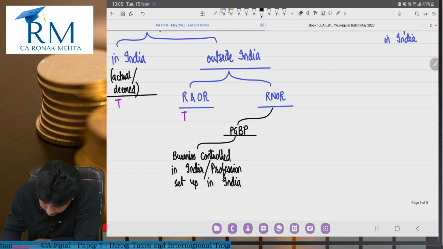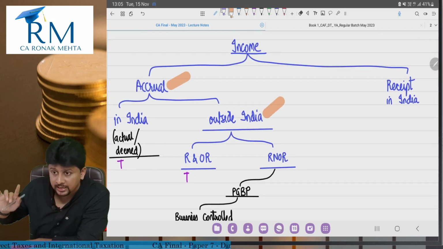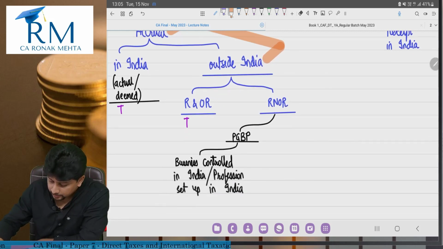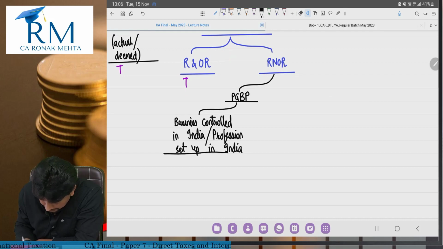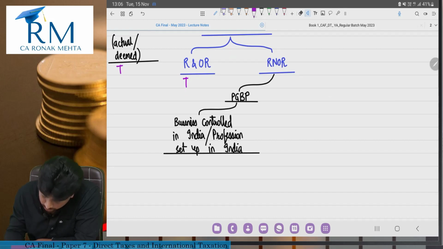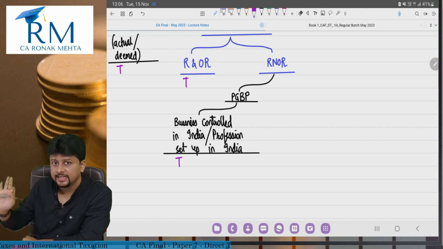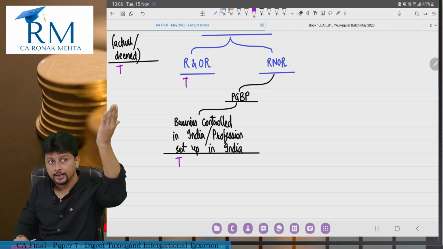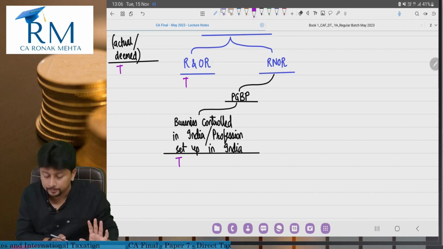Please remember one thing, that the income has accrued outside India, so the transaction has happened outside India, but the setup of business, the control of business, the profession, everything that is in India. Now the Income Tax Act is saying, this will be taxable for you. You are a resident but not ordinarily resident. You are doing some business activity outside India, but the setup, the control is from India, so you pay tax in India on that income.